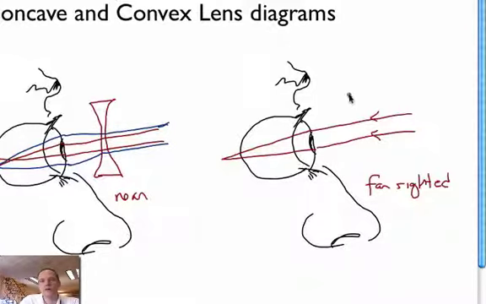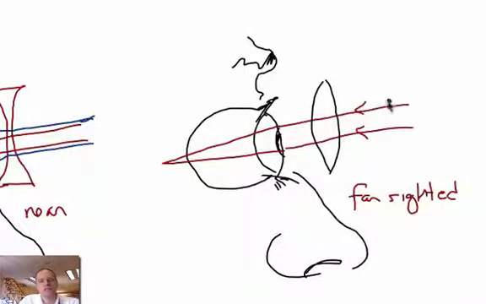So we would put a converging lens on, which is double convex. Then the light ray coming in starts to focus sooner, so now it focuses where it's supposed to.